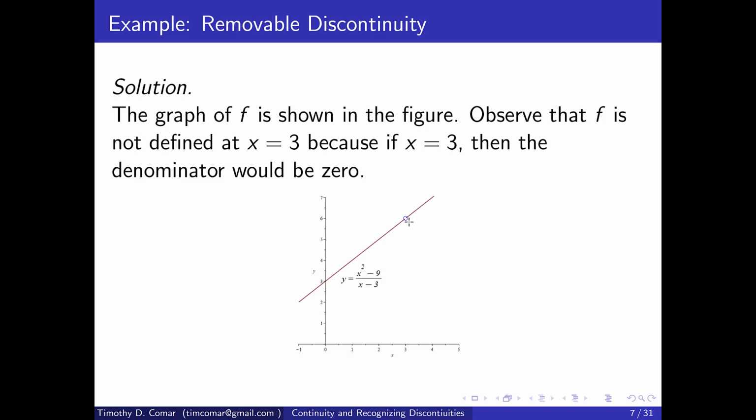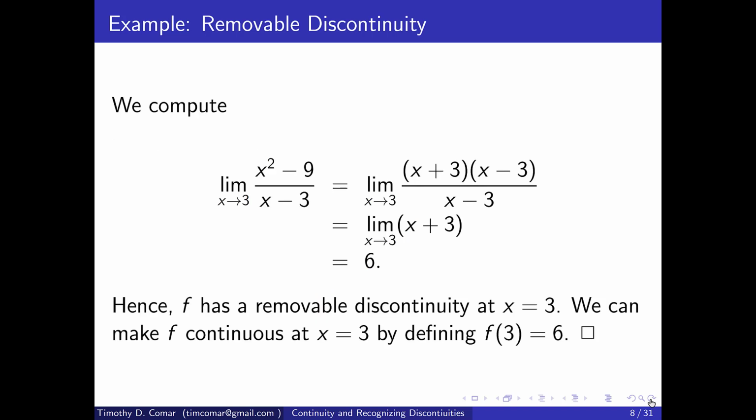It's pretty clear from the picture that the limit as we approach 3 is going to be 6, even though we have no function value. And we can compute here. We can factor the x squared minus 9 as x plus 3 times x minus 3 and cancel out the x minus 3's.